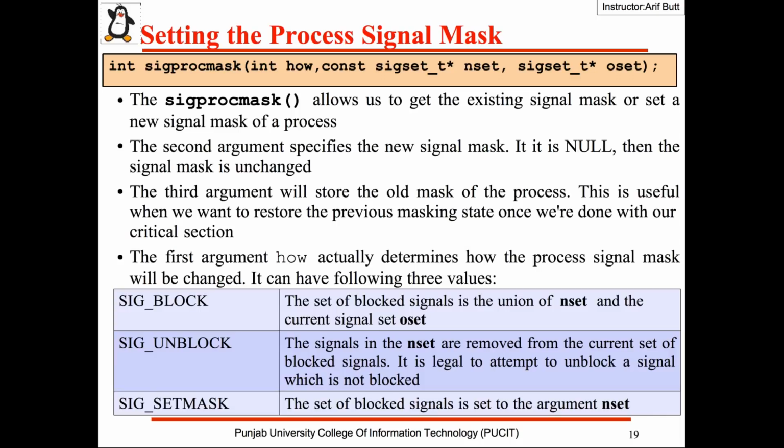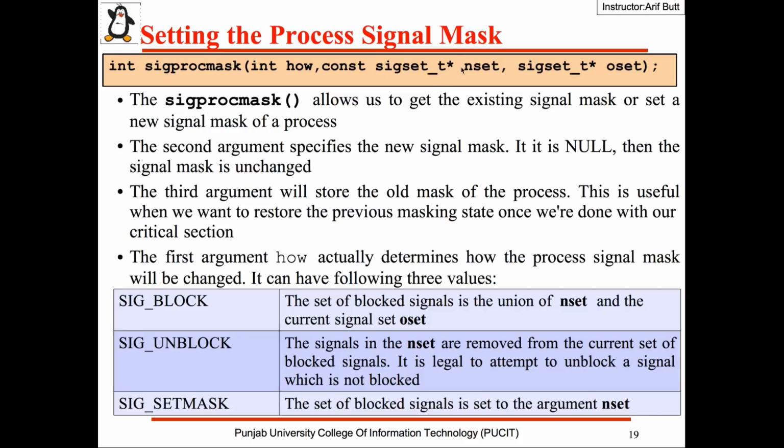Once you have created the process signal mask, you need to set that mask for that process, and for that purpose you use this call sigprocmask. That is, the sigprocmask system call allows us to get the existing signal mask or set a new signal mask of a process.